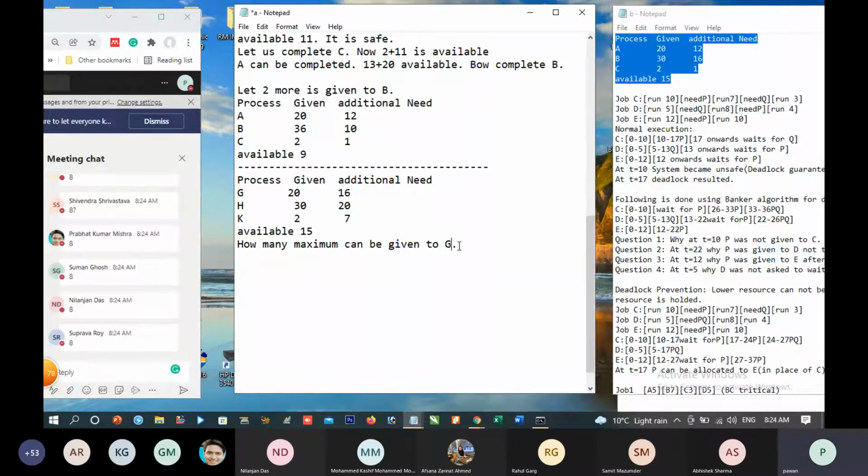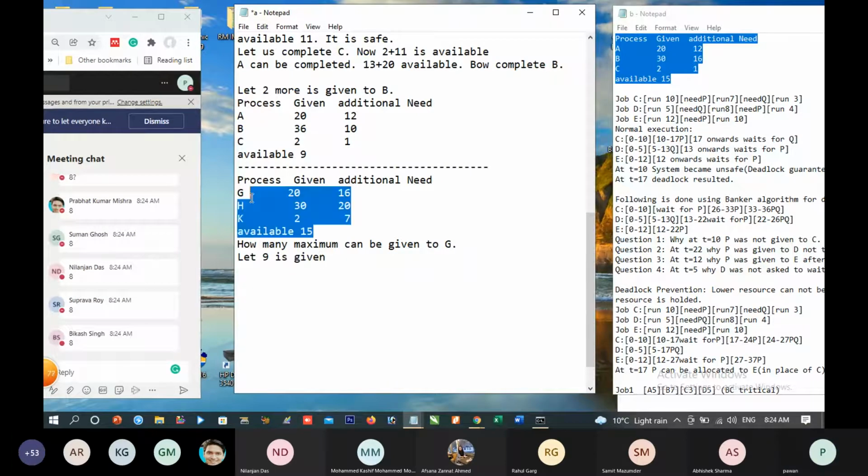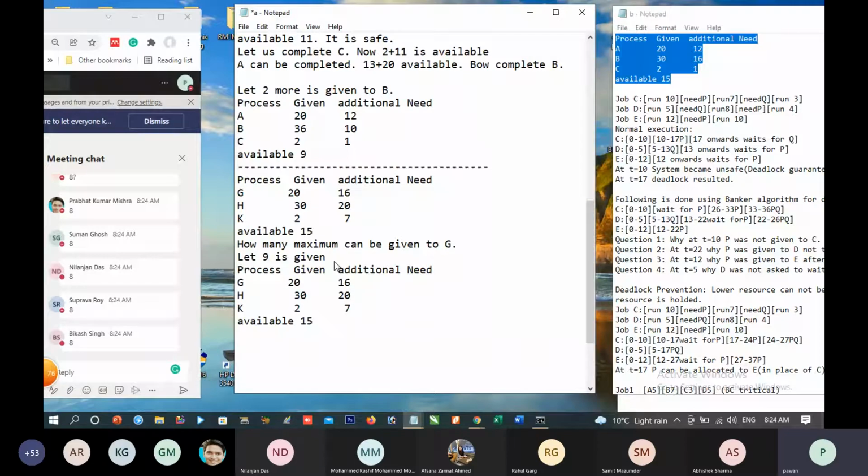Let 9 is given. Then what is going to happen? Available will be 6. 9 is given.